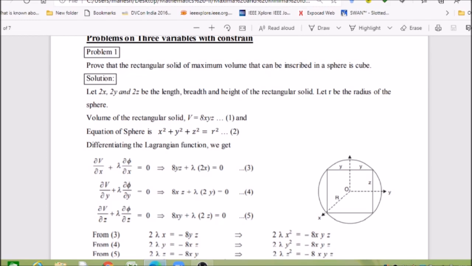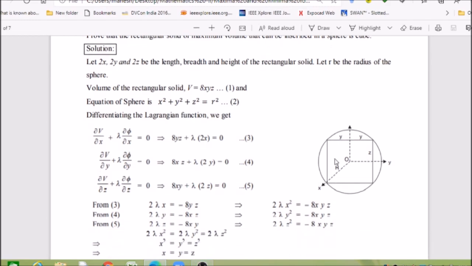Let r be the radius of the sphere. Volume of the rectangular solid V is given by the product of length, breadth and height. So V is equal to 8xyz, and the equation of the sphere is x square plus y square plus z square is equal to r square.